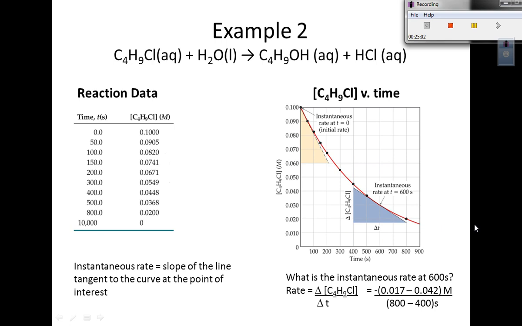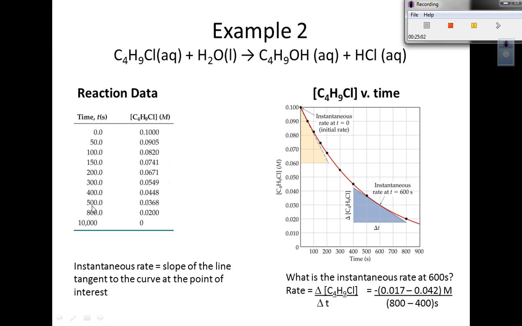As the concentration of my reactant starts getting smaller, my reaction is slowing down. Why? There's less concentration, which means fewer collisions. So, the data that I have here gives me this curve.